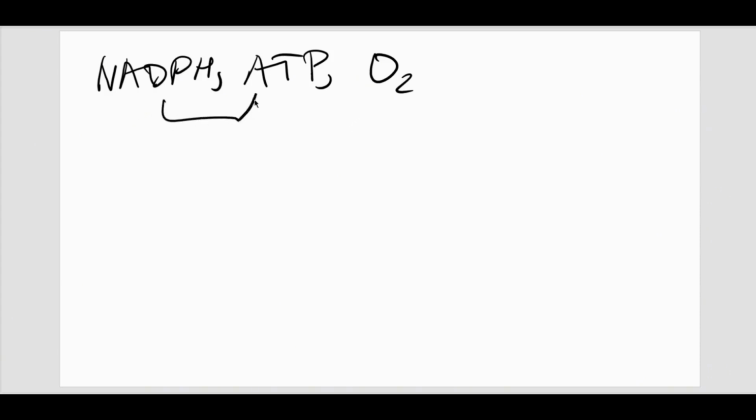NADPH and ATP are very essential in this process because this is what we are going to need in the Calvin cycle. So that's it. That's how the light-dependent reaction works.